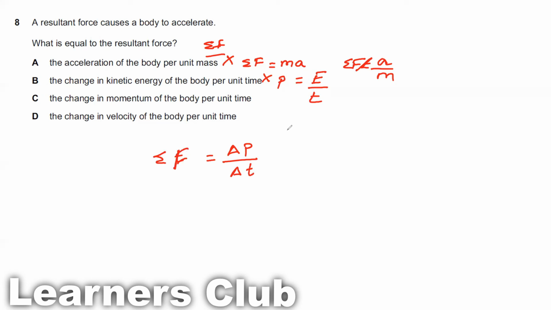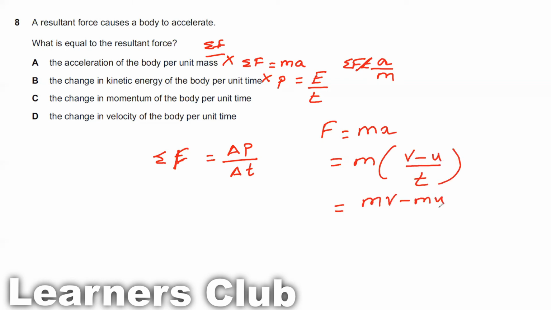This is coming from Newton's second law of motion, represented in terms of momentum. So if you have force is equal to mass into acceleration, acceleration is nothing but the change in velocity over time. When you simplify, it is the change in momentum over time.